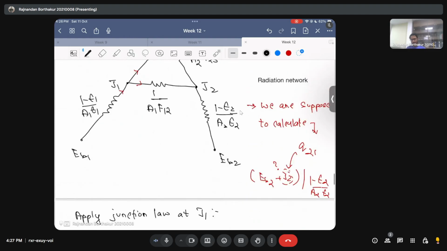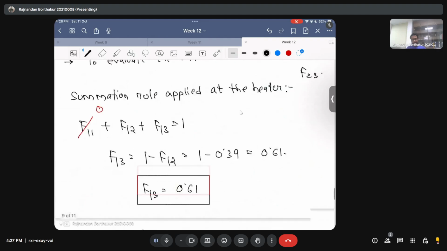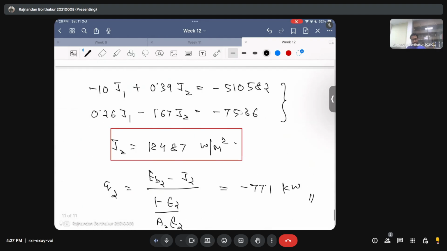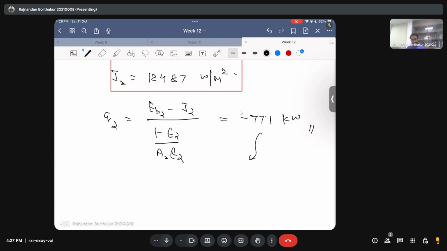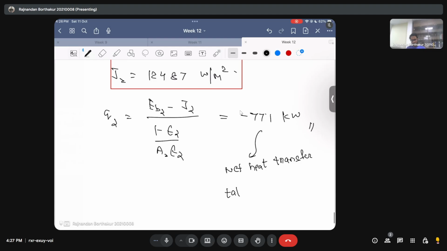So it's better to write Q2 rather than just Q21. So that's it, guys. That's the net heat transfer taking place at the absorber surface.